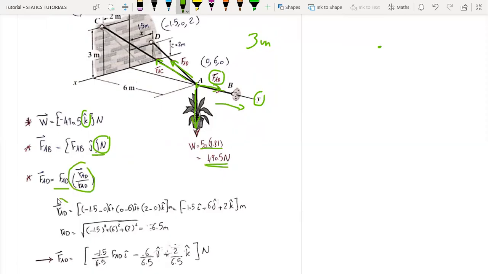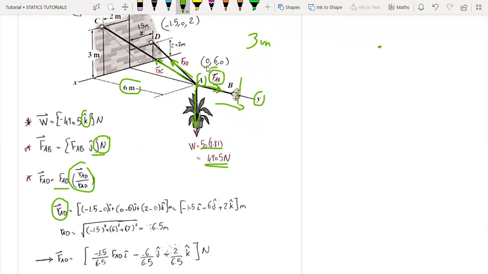Okay, so the position vectors. Point A will have coordinates of 0, because it didn't move in the x direction, 6 meters in the y direction, and 0 in the z direction.